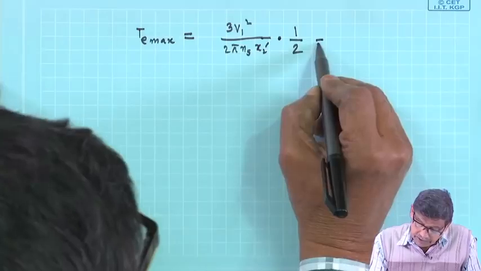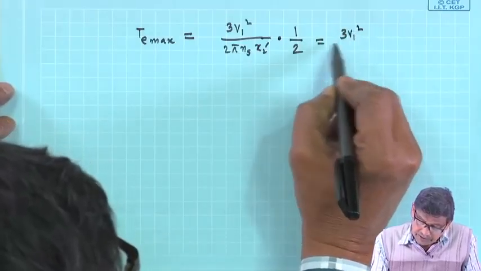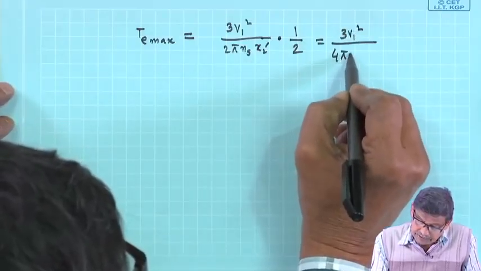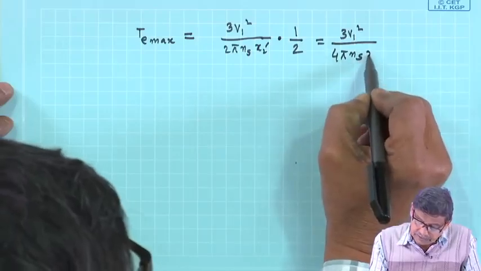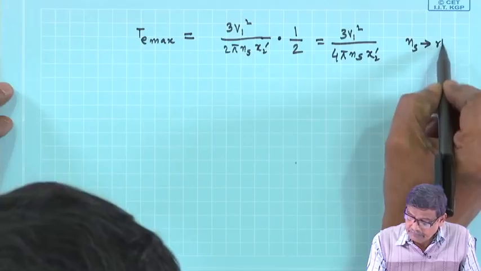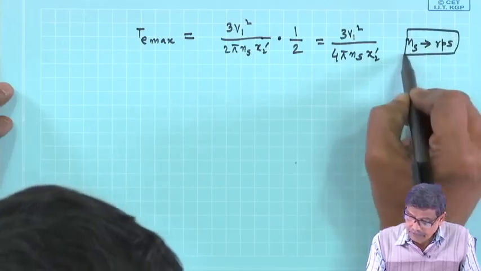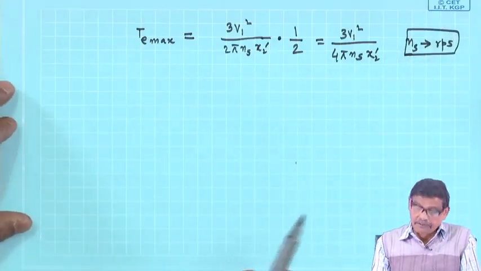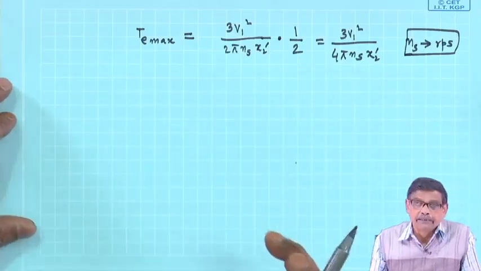Therefore, it will be 3 V1 square by 4 pi ns x2 dashed. Mind you, ns is in RPS, do not put RPM, then it will be wrong. So, that is the thing.